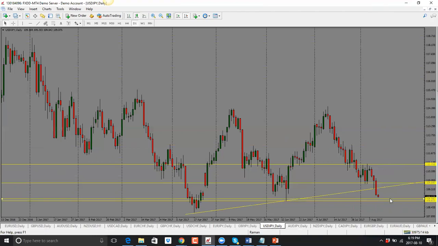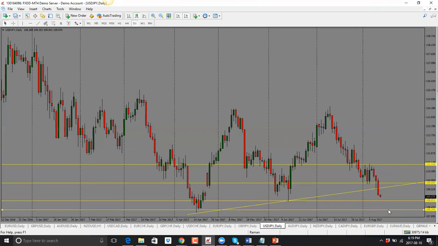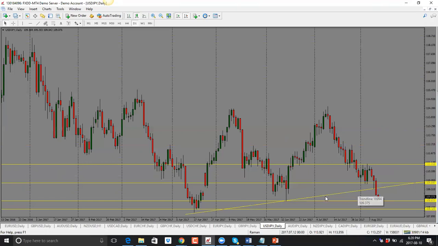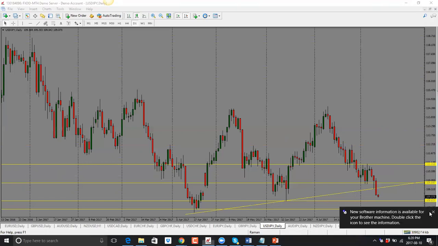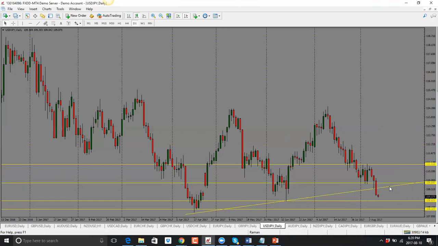Beyond that, we are into previous lows here, 108.30 will be the next level to the downside. It has broken below this trend line that we had. So this trend line is gone, but I'm going to keep it here in case it bounces and pushes up into that to drop. But overall, this looks bearish.